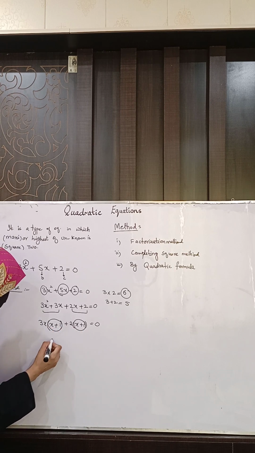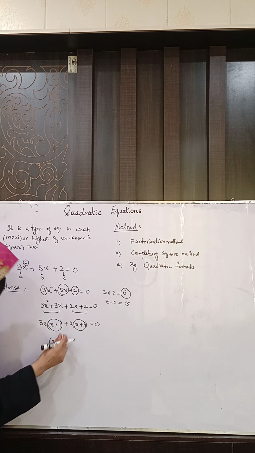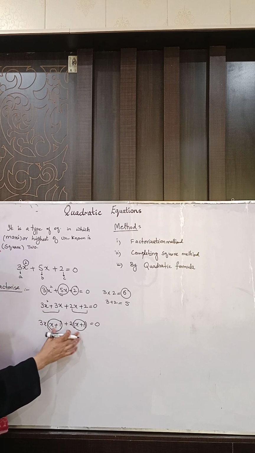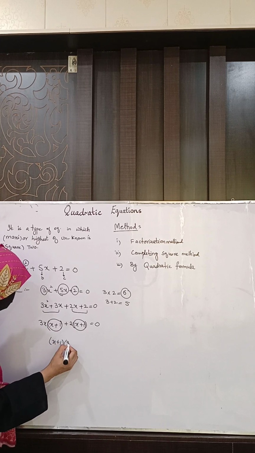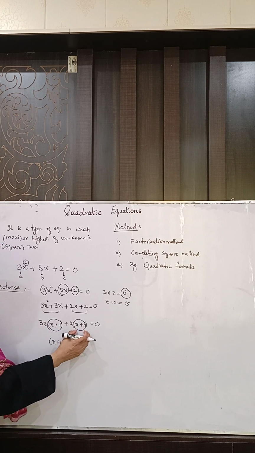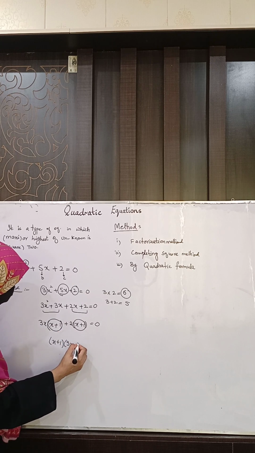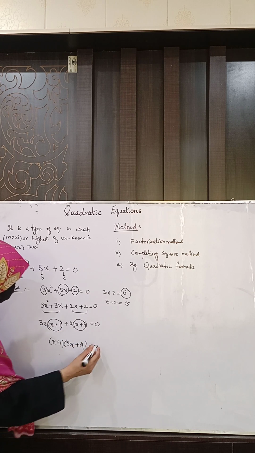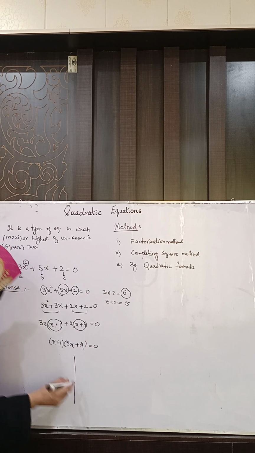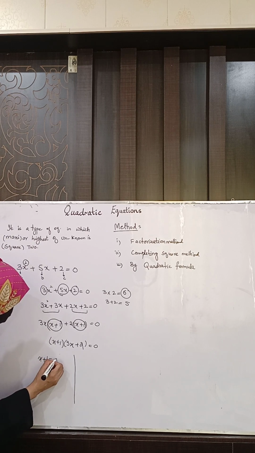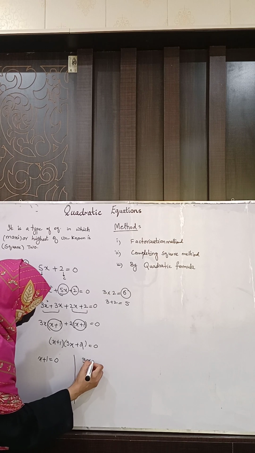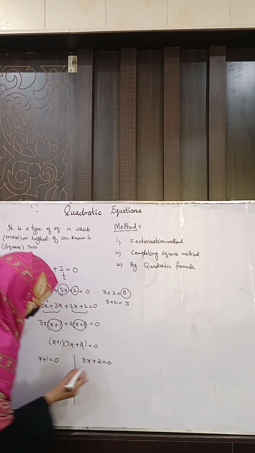Now x plus 1 is common in both these terms. So when we take x plus 1 common, we are left with 3x, and 2 from the other side, is equal to 0. Now we have two linear equations. We can separate them as x plus 1 is equal to 0 and 3x plus 2 is equal to 0.